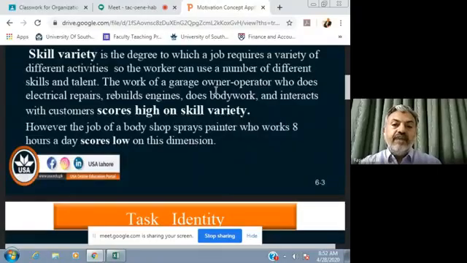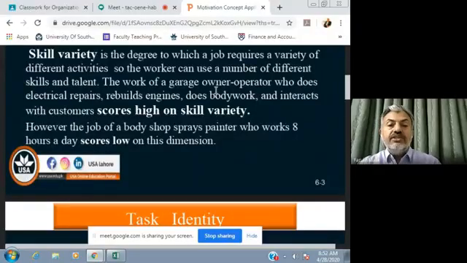If there are wiring problems or any electrical issues in those cars, all of those are being repaired in the electrical section. So he is controlling, managing and monitoring all of these sections. And on top of that, he is interacting with customers and finding out their queries and keeping them satisfied for the time that they are at that workshop.